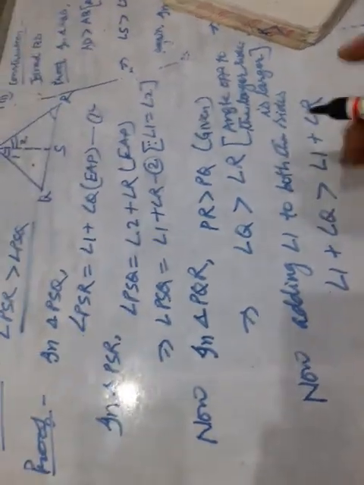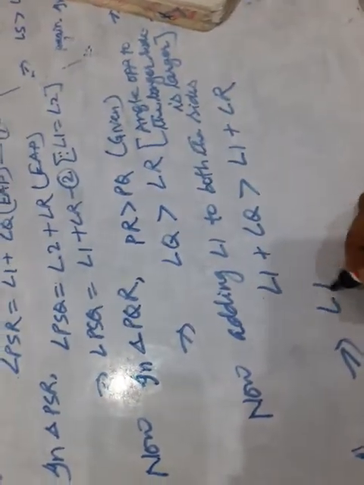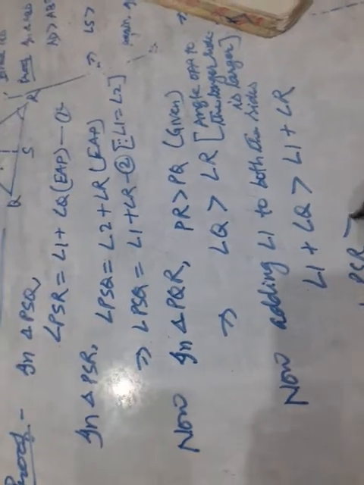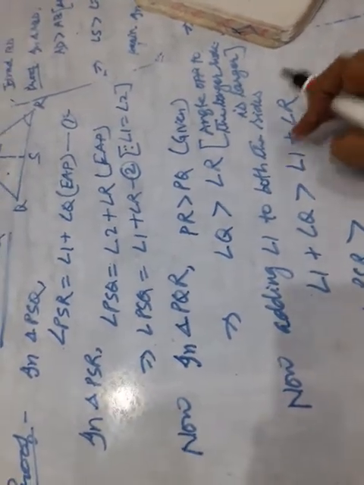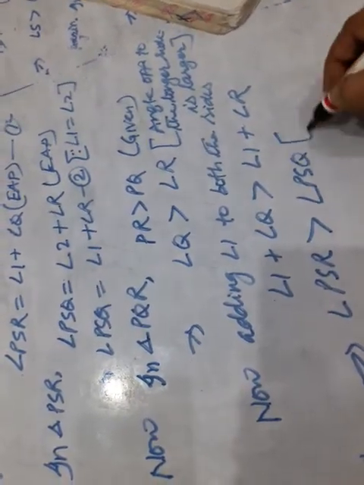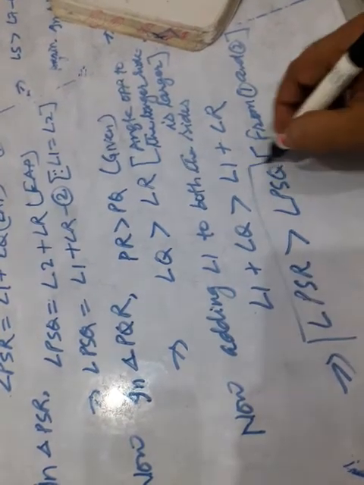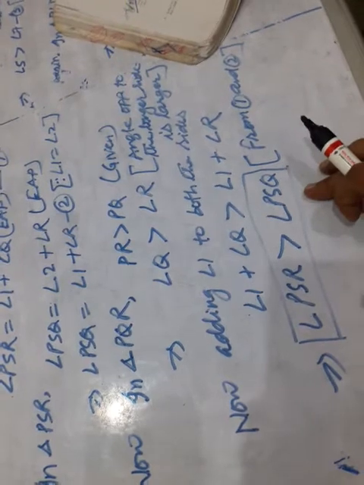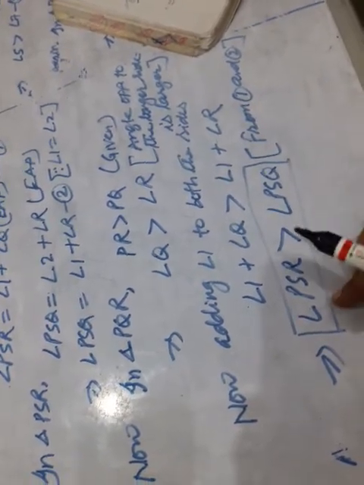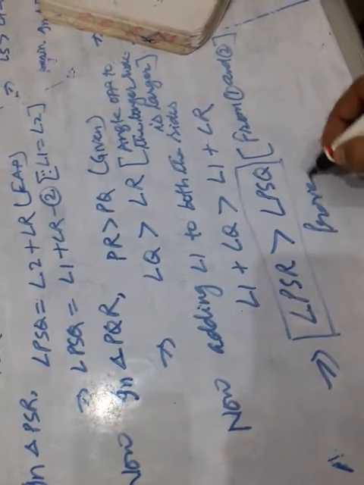This implies, putting the values from equations 1 and 2, angle 1 plus angle Q equals angle PSR, so angle PSR is greater than angle 1 plus angle R, that is angle PSQ. We have put the values from equation number 1 and 2, and that is what we have to prove: angle PSR is greater than angle PSQ. So your question number 5 is also proved.